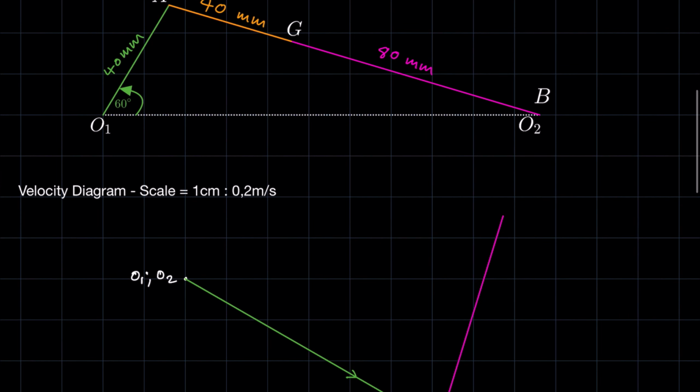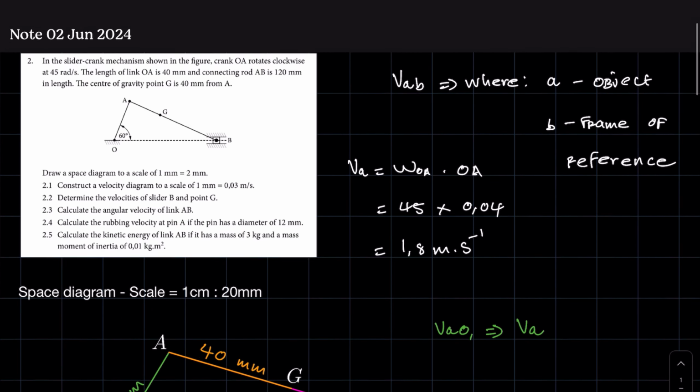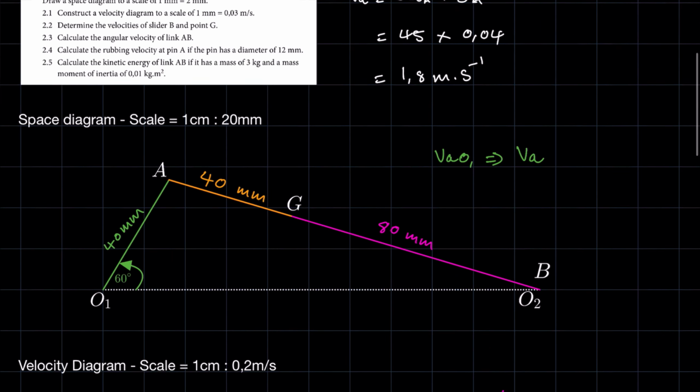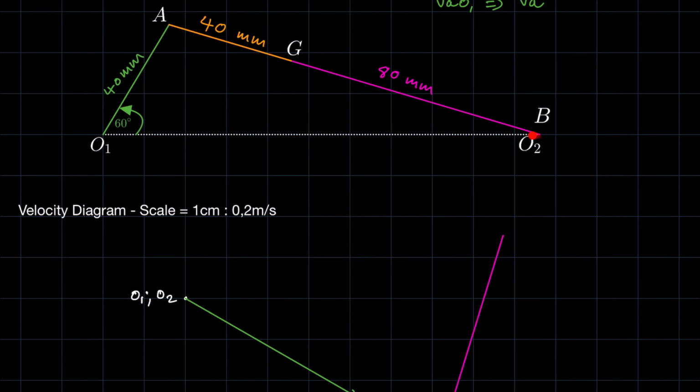Now, both of those velocities are going to pass through B. You look at how the slider is moving. The slider is translating, and it is moving relative to what? The frame which we called O2. So you have a slider here, and it is moving relative to the frame.